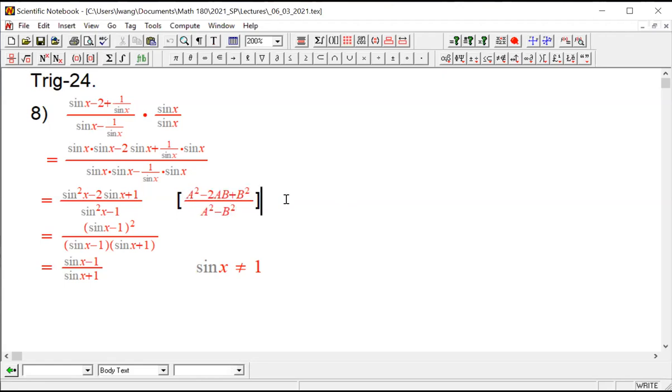This is what I said: everything you learn in elementary algebra, those x, y, z's, they turn into baloney, and here the baloney is sine x. If you recognize this, which is x minus 1 squared, then you would recognize that. It just takes some practice to recognize.